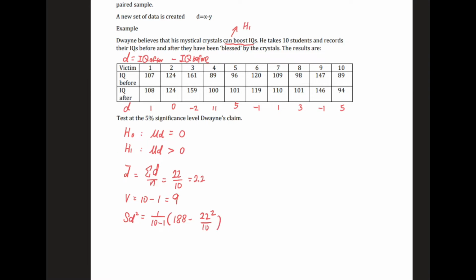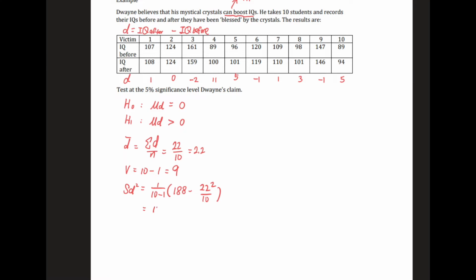We get 15.51, and then taking the square root, we get 3.9384. So we get the standard deviation.